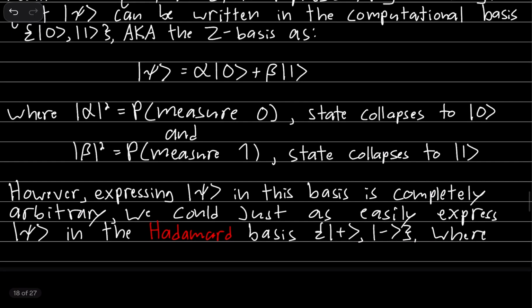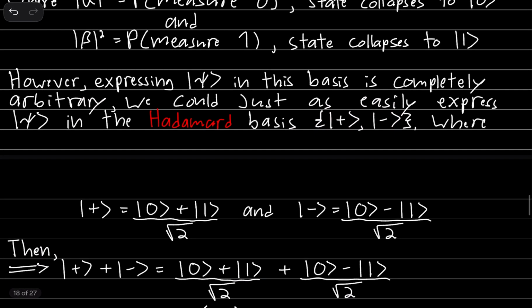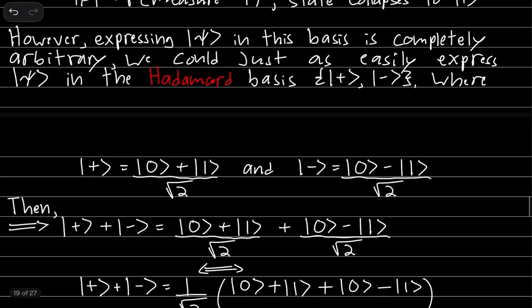But expressing ket psi in this basis is completely arbitrary, and we could just as easily express ket psi in the Hadamard basis, for example, which are ket plus and ket minus, where ket plus is the equal superposition of 0 and 1, and ket minus is the superposition of 0 and 1 with this minus sign here.